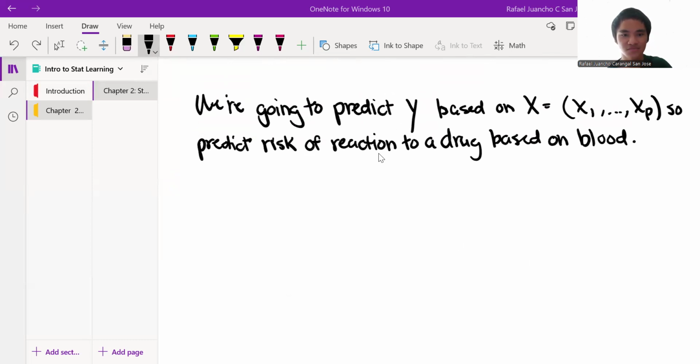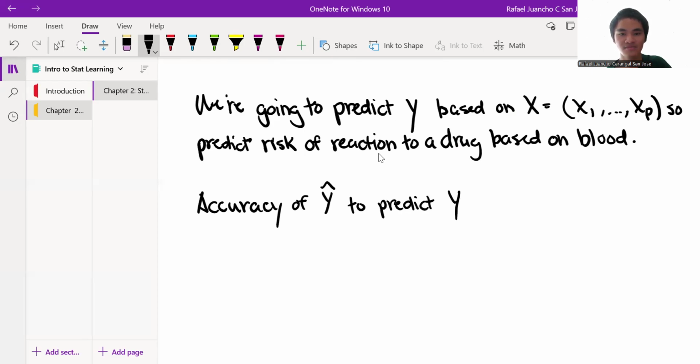We're going to analyze the accuracy of this thing to predict Y. It depends on two quantities.